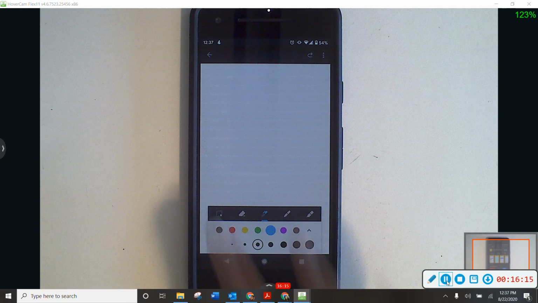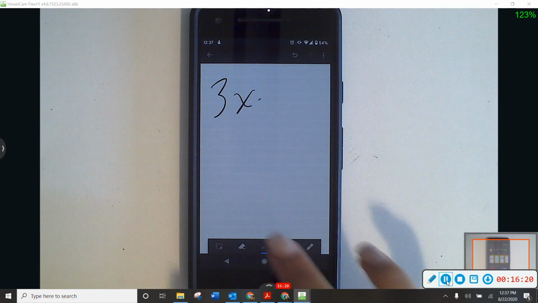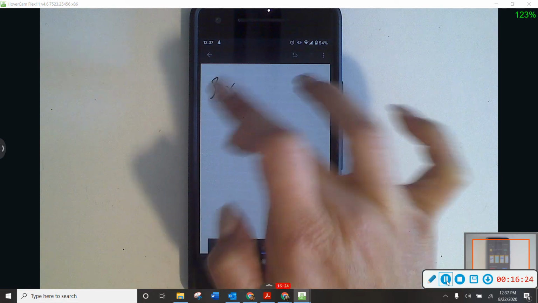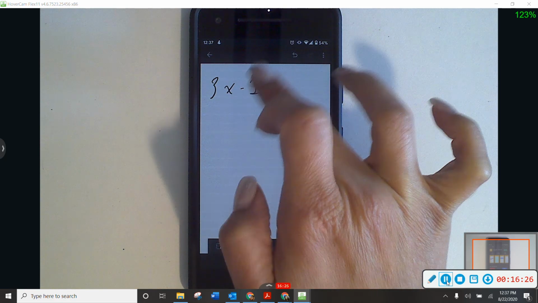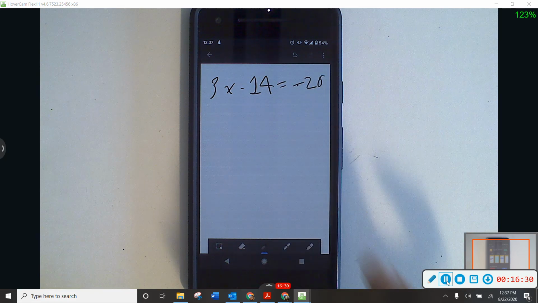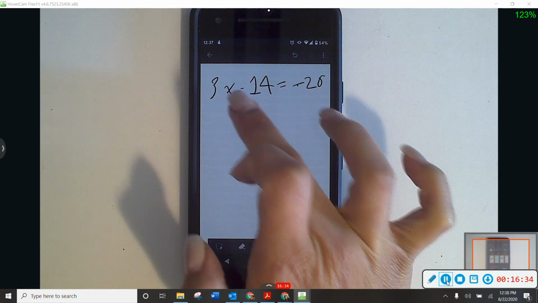Of course I'm going to change that to black and then I could write 3x minus, I went really big really quick. Okay, a little bit smaller. 3x minus 14 is equal to negative 20, and I would be able to do it just the same way that we did.